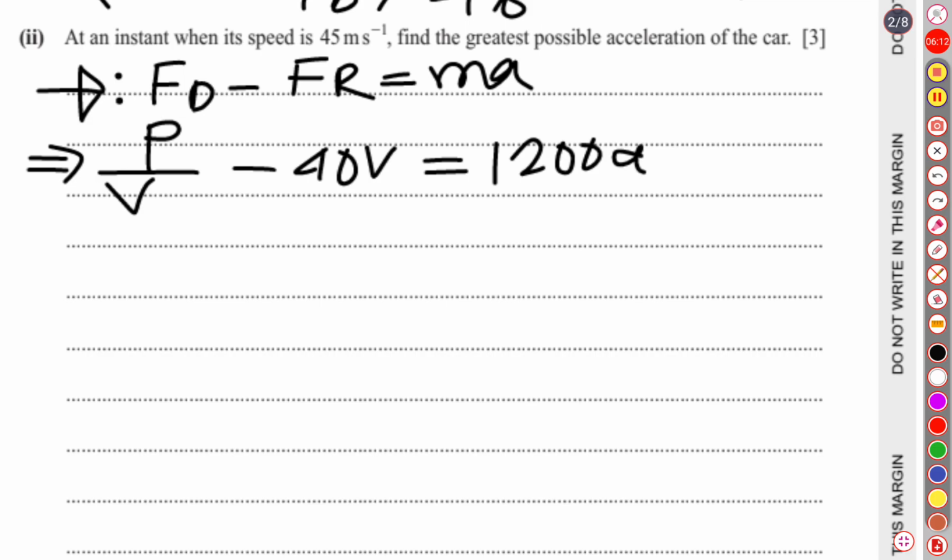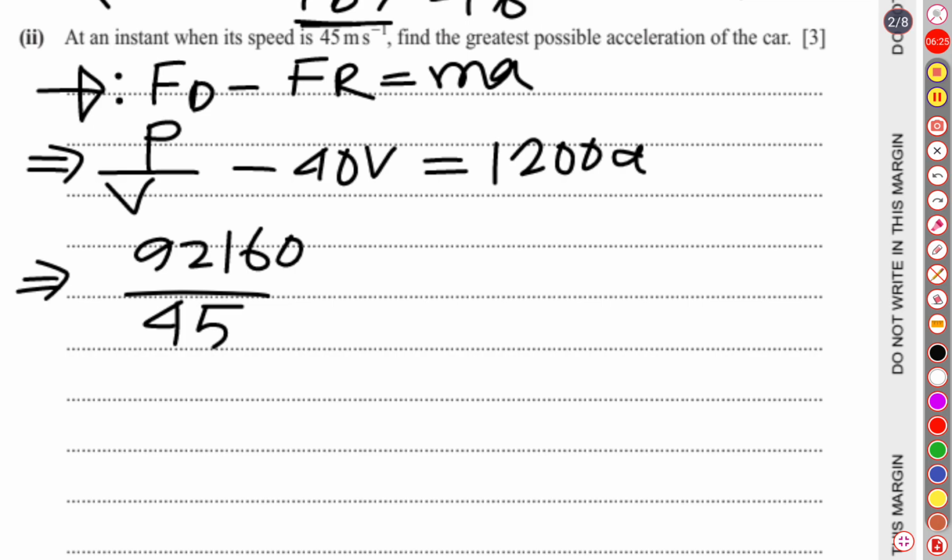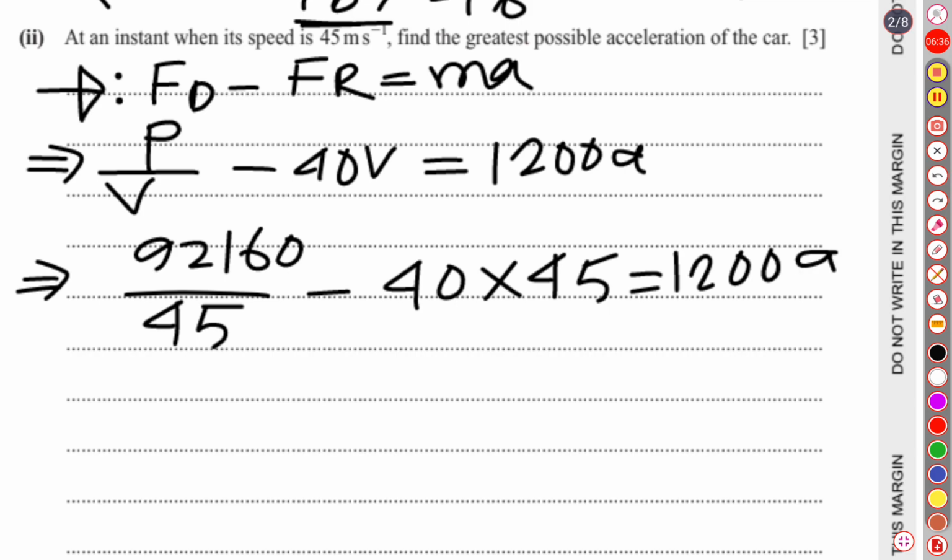Now the value of power was 92160, and velocity is given as 45 meter per second. So it is 92160 over 45 minus 40 into 45 equals 1200 A. If we divide 92160 by 45, it is going to be 2048.